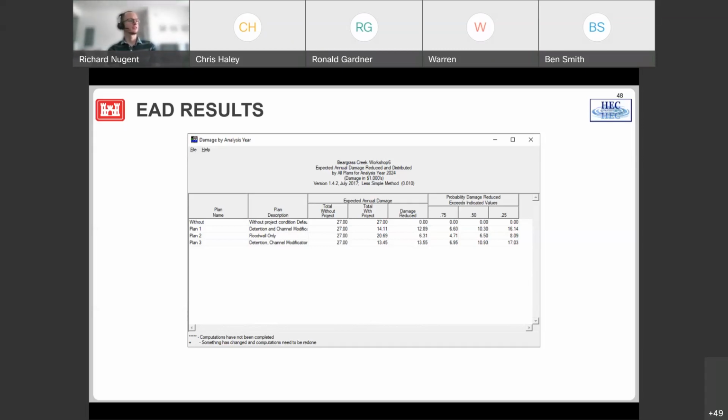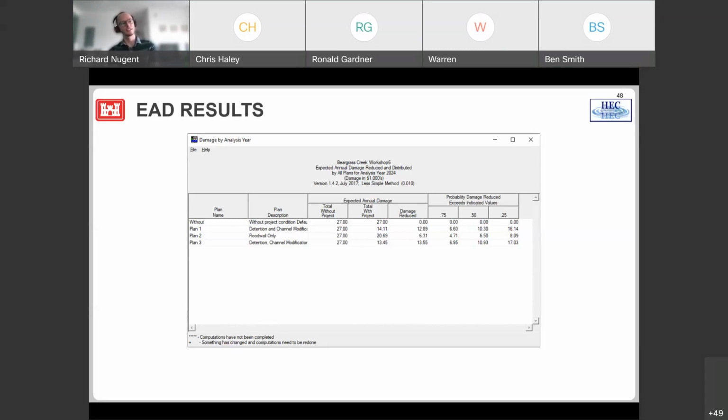The Corps likes to say the probability that damage reduced exceeds indicated values, so that the probability that damage reduced exceeds $6,600 for Plan 1 is 75%. That is, for me, a terribly confusing way to reflect that $6,600 is the first quartile of damages reduced for Plan 1.